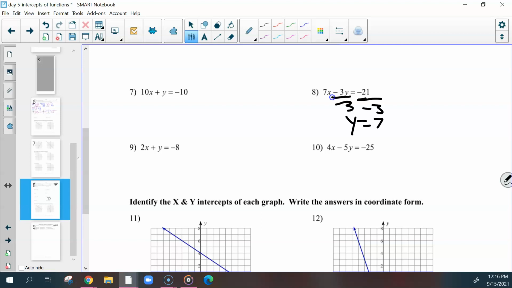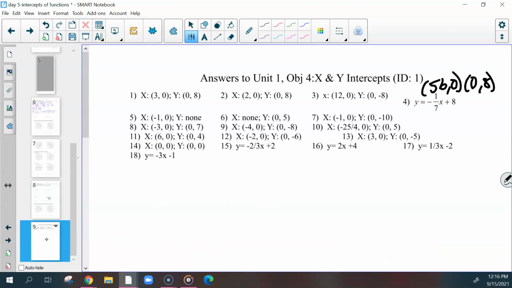For 9, the x-intercept was -4 and the y-intercept was -8. And 10, we just did. The x-intercept was -6.25, and the y-intercept was 5.